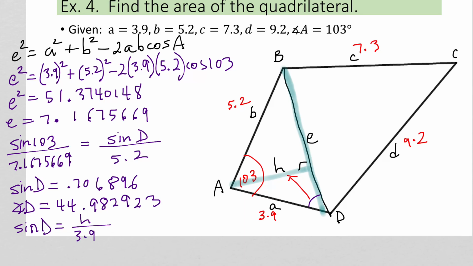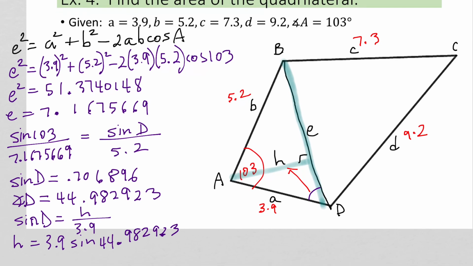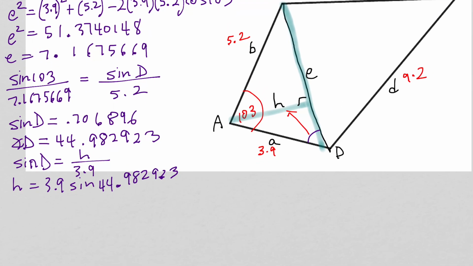So I can say H is equal to 3.9 times the sine of D, which is this 44 point, all that. If I type that into my calculator, I will get H is equal to this number here for H.